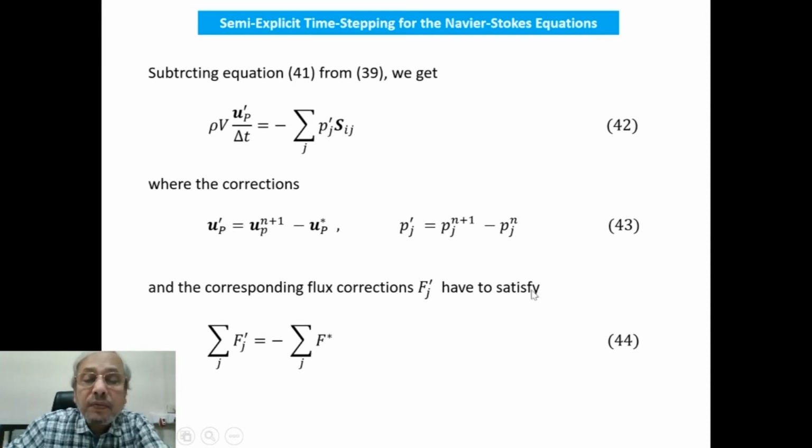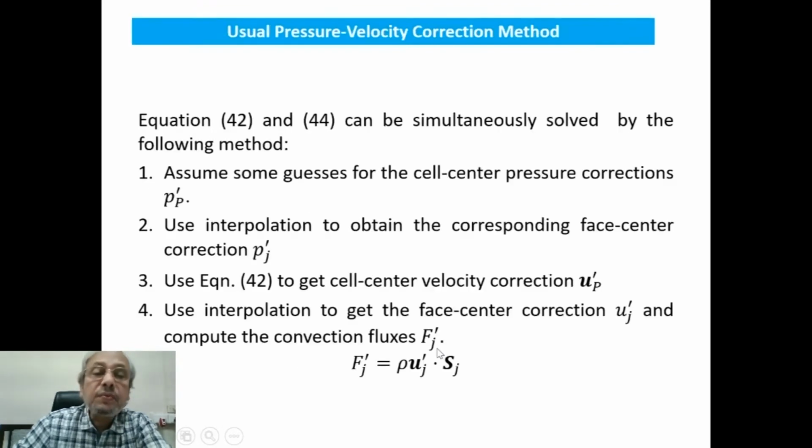The corresponding flux corrections, summed over all confining surfaces j, the east, west, north, south, top and bottom sides of the cell, equal minus the sum over all confining surfaces of F star, which uses u star. So this is equation 44.